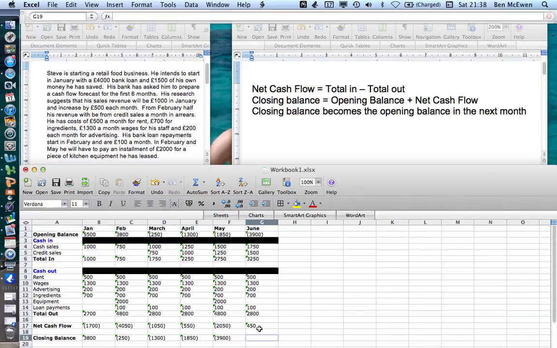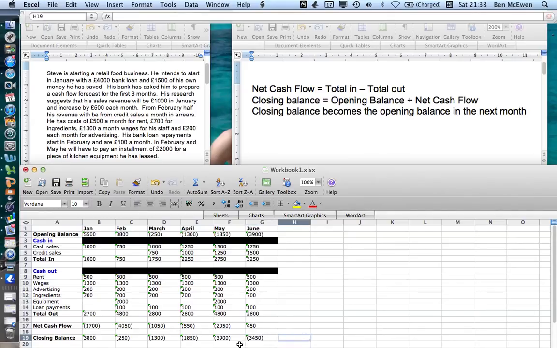And this month is the first time he's actually managed to record a positive cash balance, but we've got a huge negative opening balance, so all it does is slightly reduce the level at which the cash balance is negative.